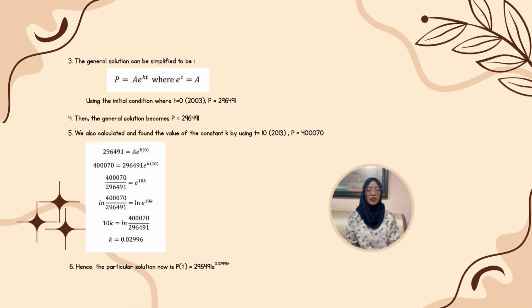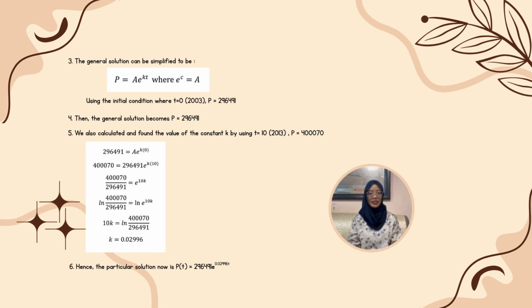Third, our general solution becomes the simplified version of the equation that we got in step 2 just now, which is P equals A times e to the power of kt, where e to the power of C is equal to A. Using the initial condition where t equals 0, which was in 2003, our P becomes 296,491. Then, our general solution becomes P equals 296,491 e to the power of kt.